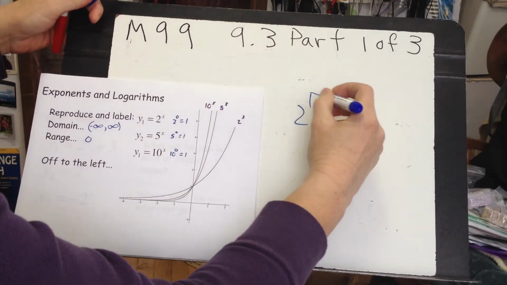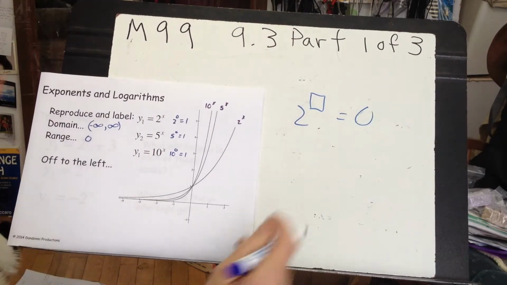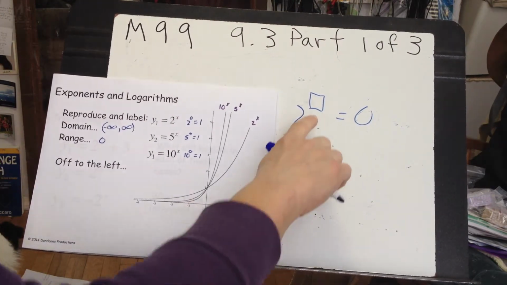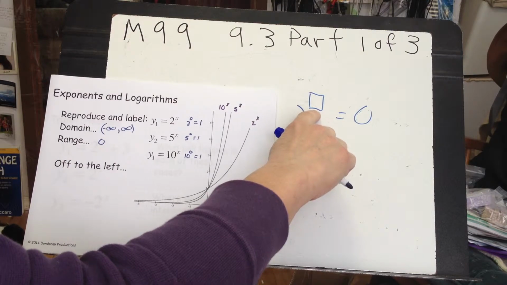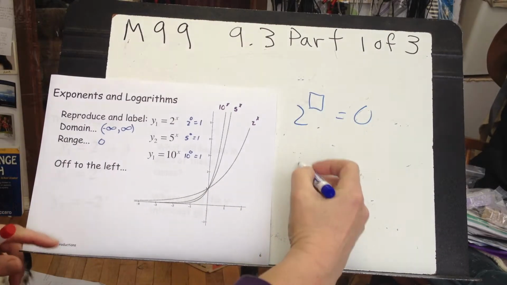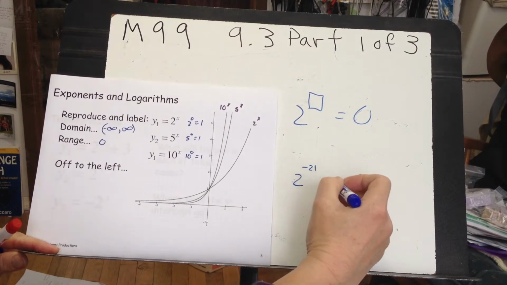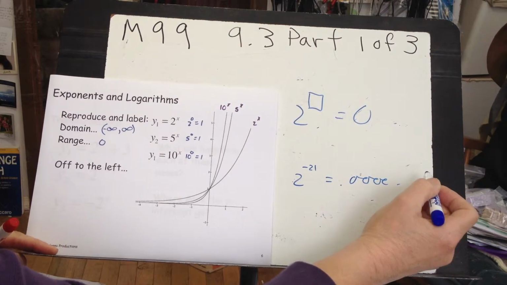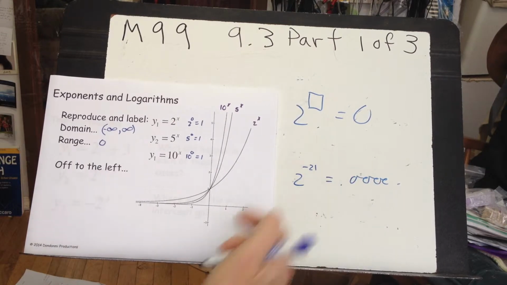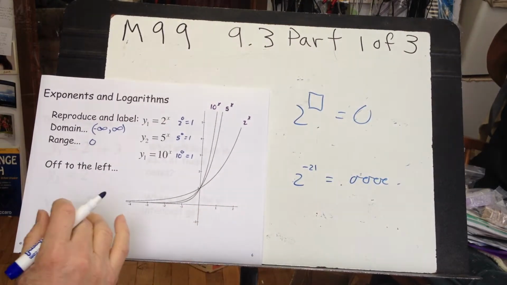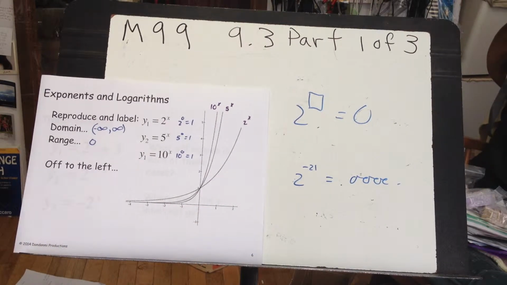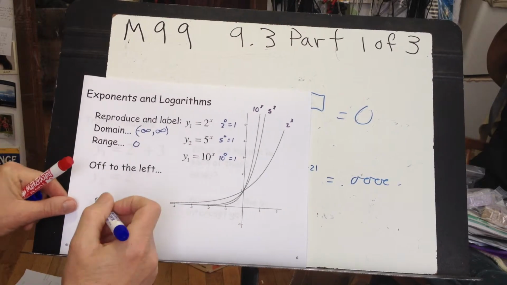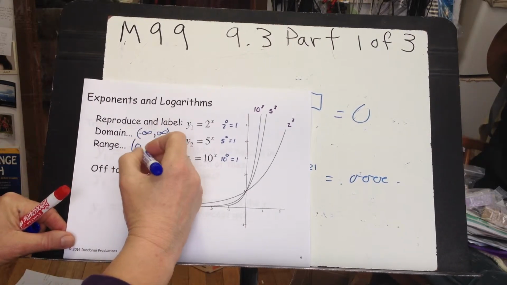Can I raise 2 to a power to make 0? And the answer is no. 2 to a very large negative is pretty close to 0. Like 2 to the negative 21st power is more zeros than I have space for, and then a number. So it's very close to 0, but it's not 0. I can never get to 0. So the range is from 0, but not including 0.